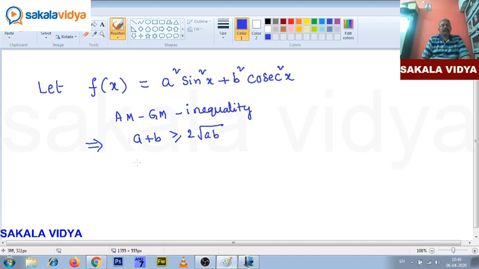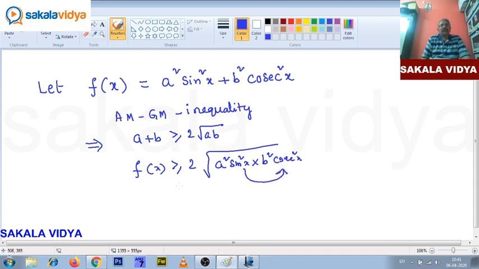Now, here f of x is greater than or equal to 2 root of A square sin square x into B square cosecant square x. So, sin square x into cosecant square x is 1, this will be greater than or equal to 2ab. Therefore, it has only a minimum value, no maximum. Range, we can write, closed 2ab comma infinity open.